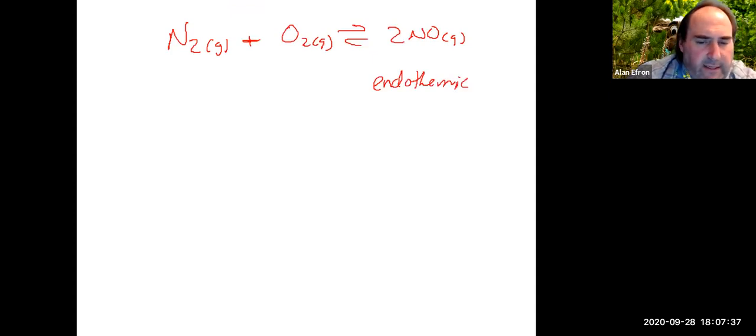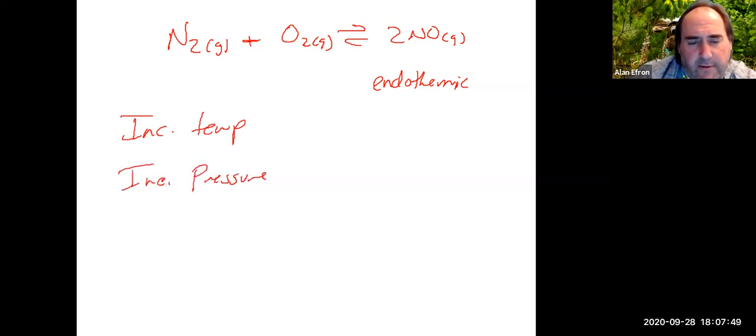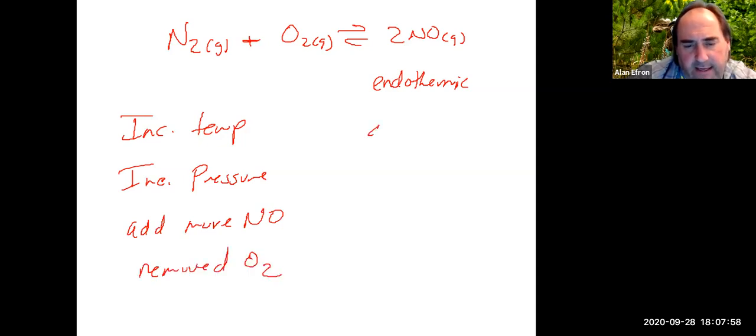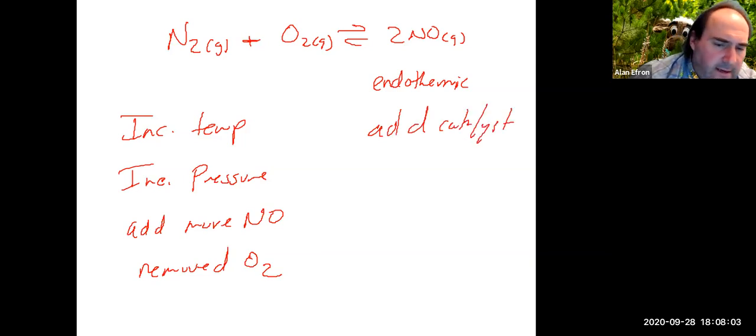So let's say we increase the temperature, increase the pressure. Let's say we added more NO. We removed O2. We added a catalyst. All right, so same thing, see what happens. Does it shift to the left, shift to the right, or will there be no change in this particular case, or some of these?